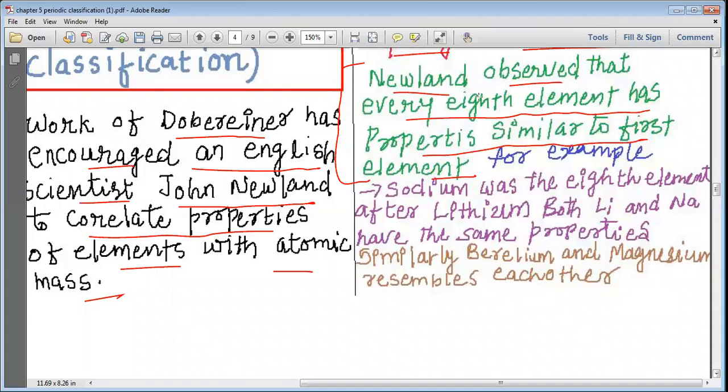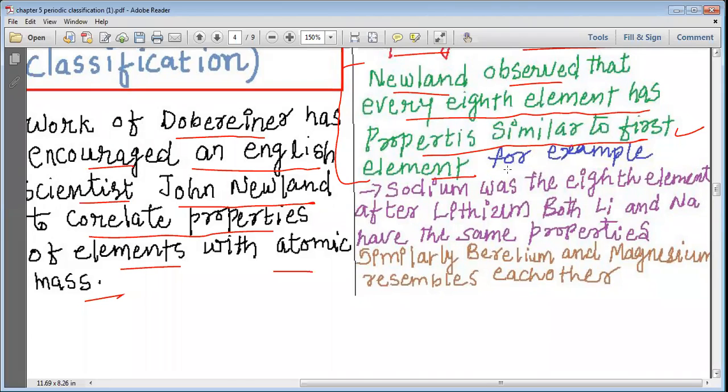You can count sa, re, ga, ma, pa, dha, ni is 7, and then the eighth one is sa again. Newland observed that every eighth element has properties similar to the first element, just like the musical notes.